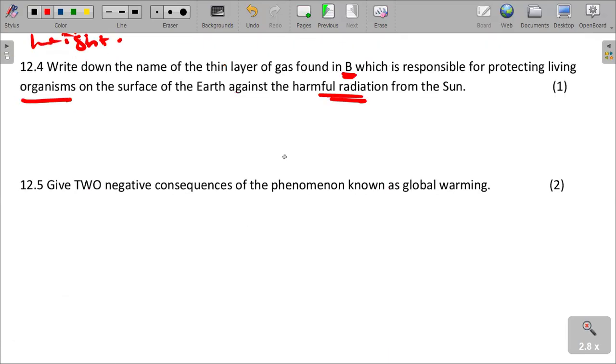What is that called? It is called the ozone layer. It actually protects the earth from overheating. That's one thing that you should understand. The ozone layer protects the earth from overheating.